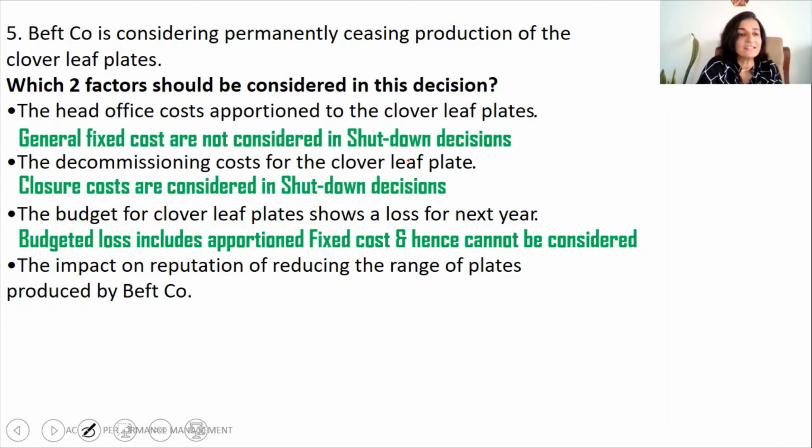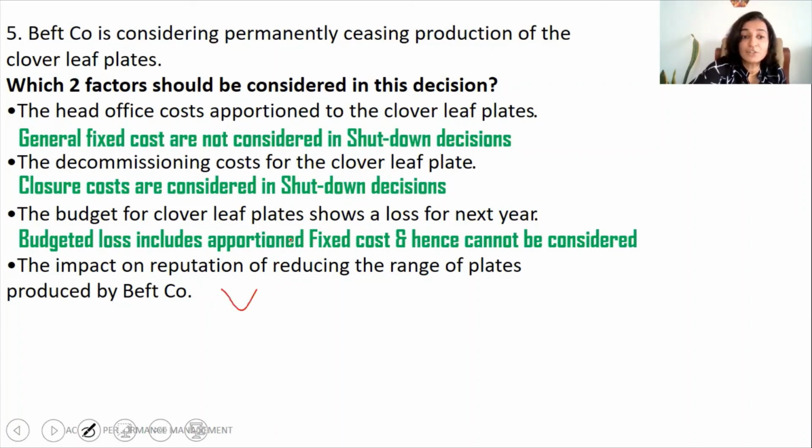And the last point is the impact on reputation of reducing the range of plates produced by BEFT company. In the video on shutdown decisions, I had mentioned specifically that before you close down a particular division, you should always analyze its impact on the reputation of the company, whether the reputation of the company will be adversely affected.